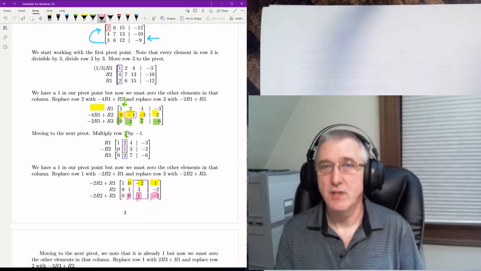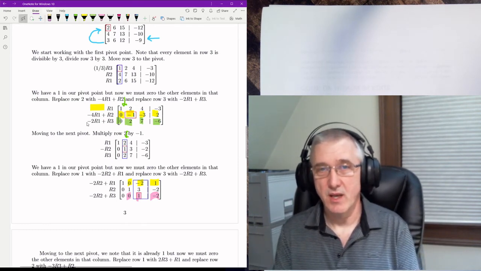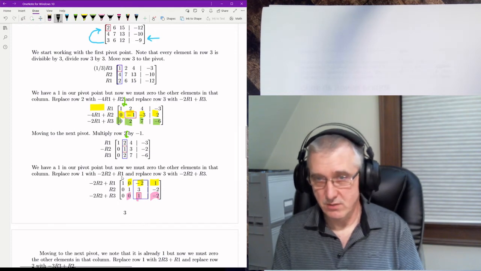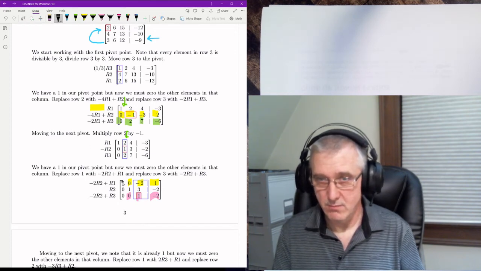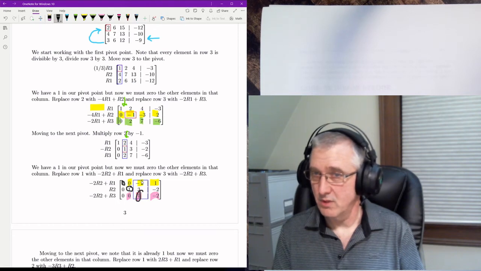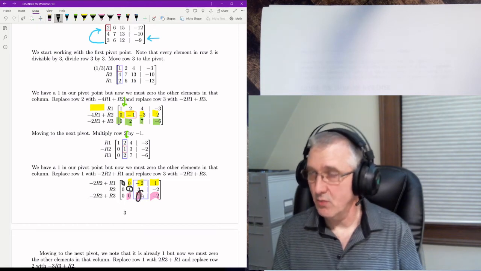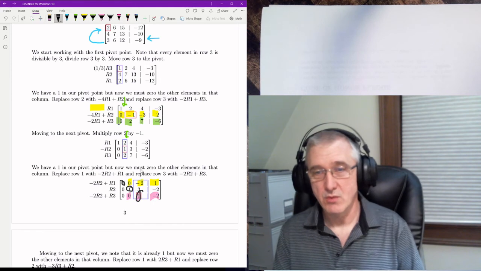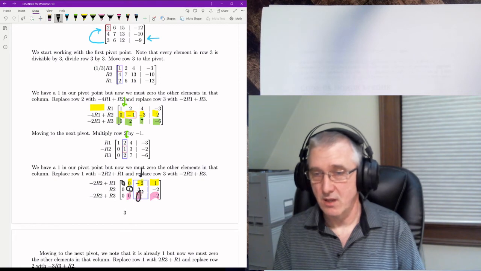Good. Now looking at this, we see that we now have pivots 1, 1, and we actually have another 1. So we don't need to do anything there. We have a pivot there, it's already equal to 1. However, we do need to zero out the other values in this column.